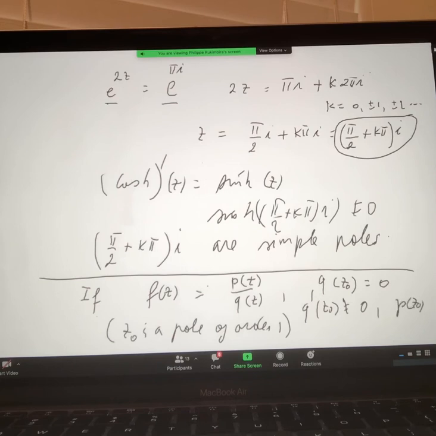It's important that P of z0 is not equal to 0. If it was 0, we just include it in Q. So all of these make z0 a pole of order 1. And I'm not assuming that Q is a polynomial, so I don't have the factoring tool here.